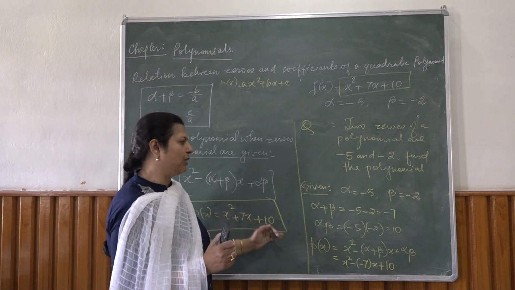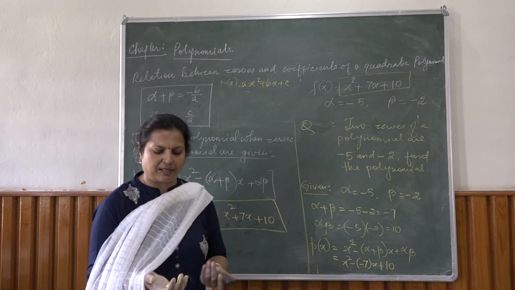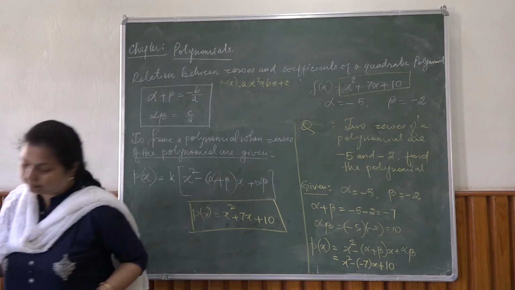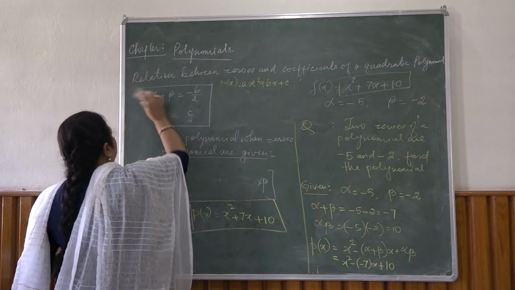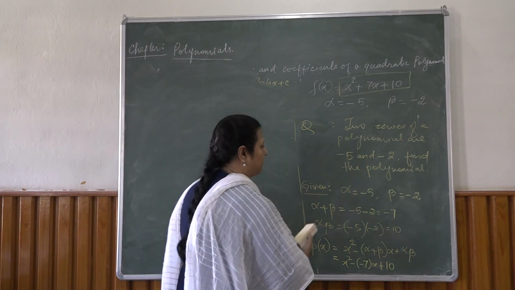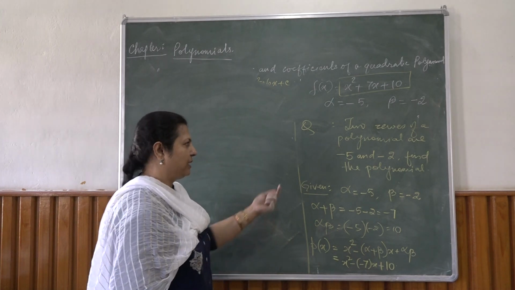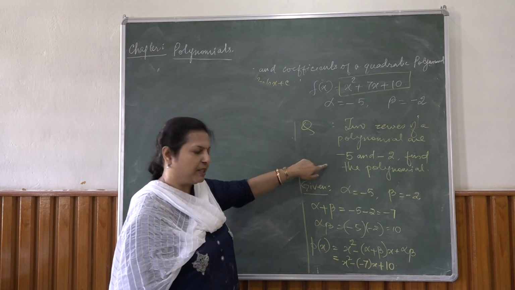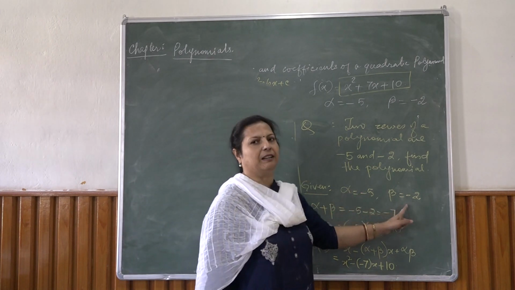So now let me go to a little higher level, which is an understanding based question of the same type. Now let me give you a third question, which is understanding based. Okay, before we go to the third question, there is one more question from this chapter itself. In this case you see that you are given alpha and beta.